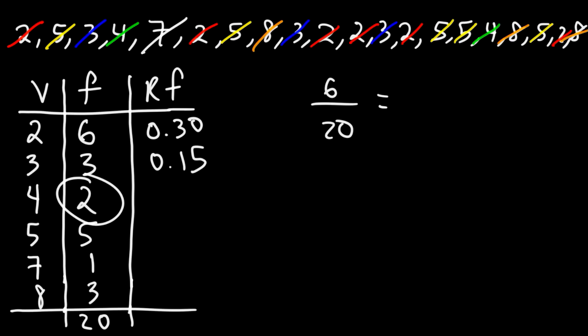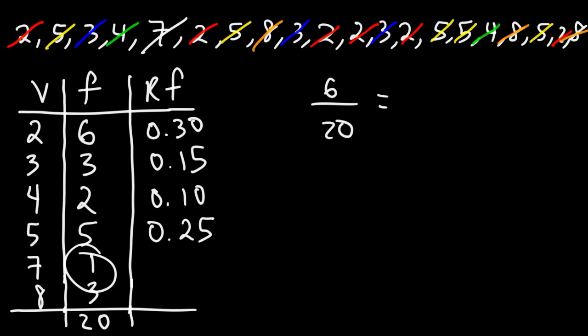And then we're going to follow the pattern. So now let's divide 2 by 20. So this is going to give us 0.1, which is the same as 0.10. And then we're going to have 5 divided by 20. And so that's 0.25. And then it's 1 divided by 20, which is 0.05.